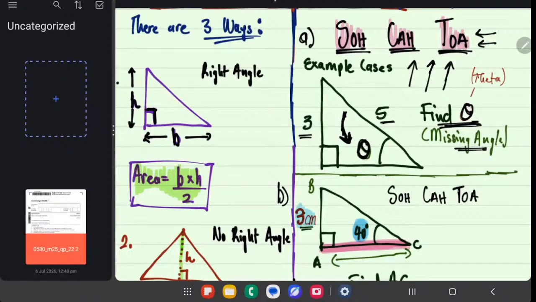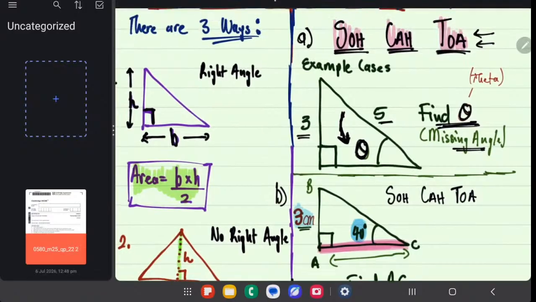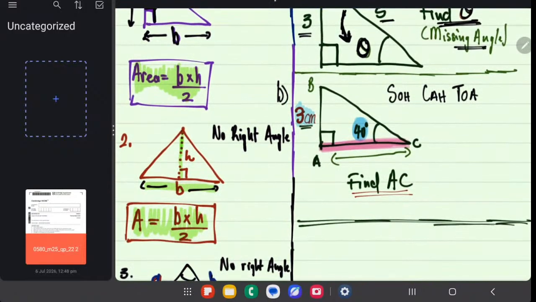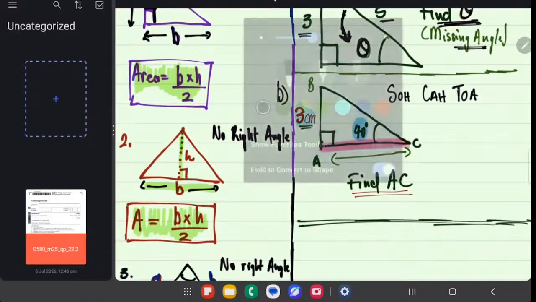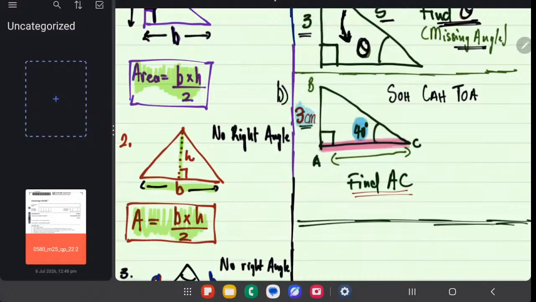Good. Now, can you describe for me what is missing in the second one, Aqua? What are you given? You're given the angle, yes. And what else are you given? 3 centimeters is a what? Is a side.